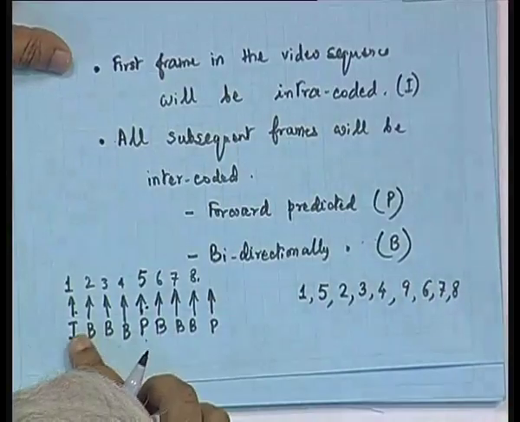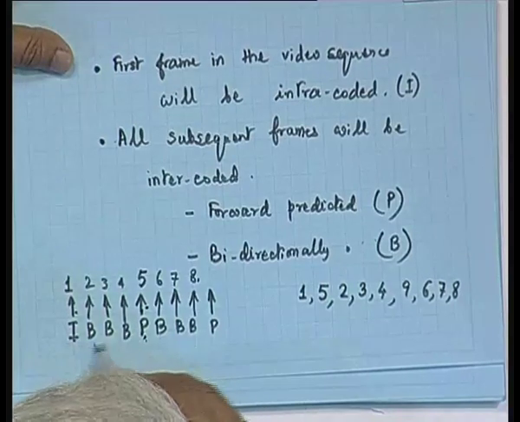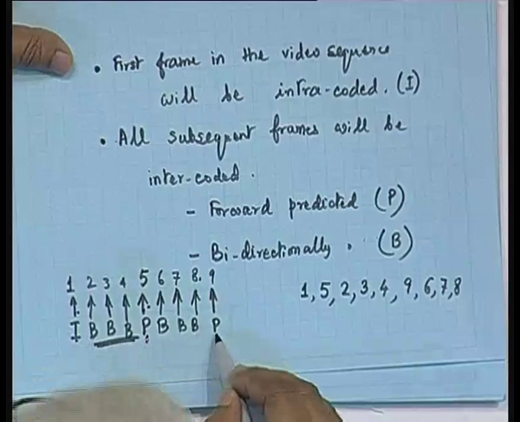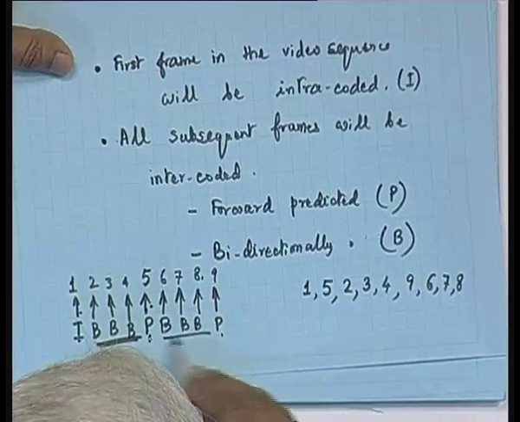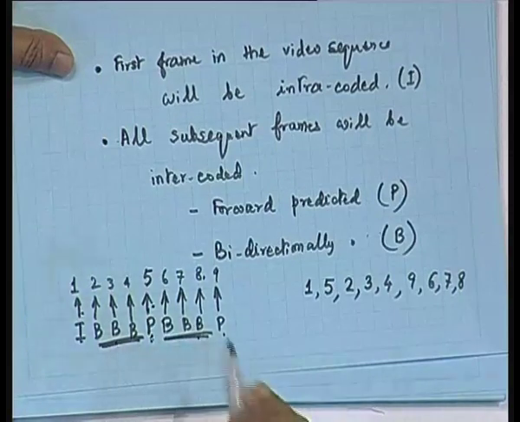Like, for example, between frame number 1 and 5 I have used I frame and P frame as reference and I generated these B's, but between frame 5 and 9 I take 5 and 9 as reference and I generated these B's. Now, would these 3 B's be better or these 3 B's be better?